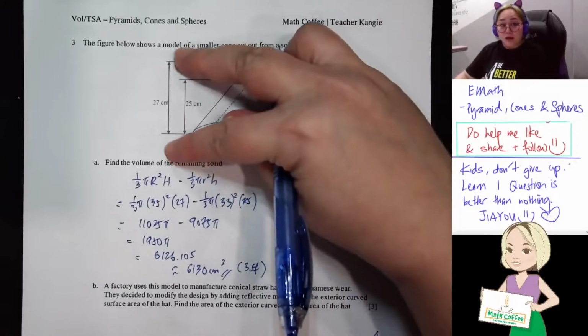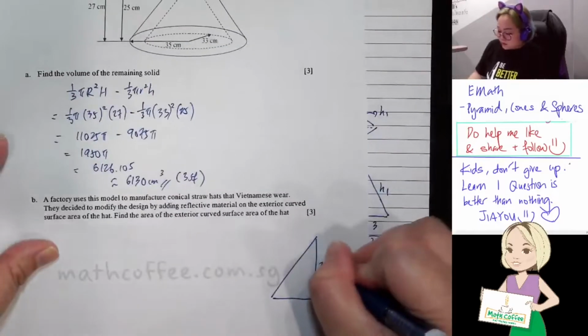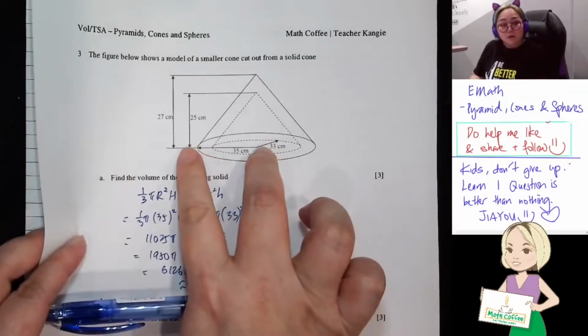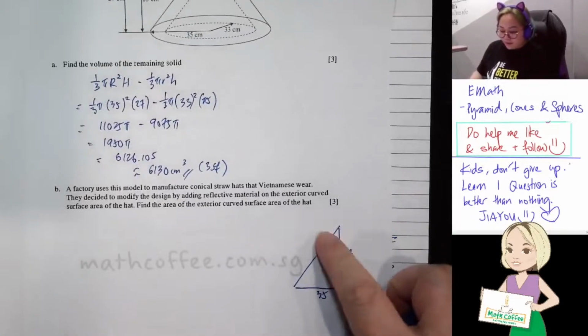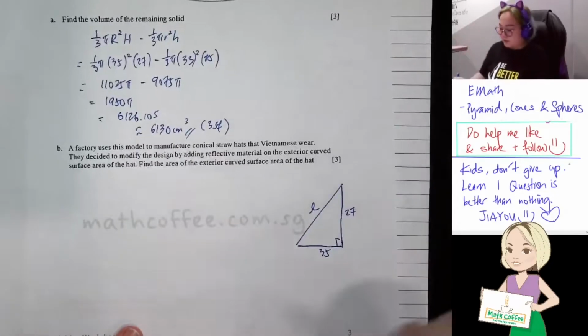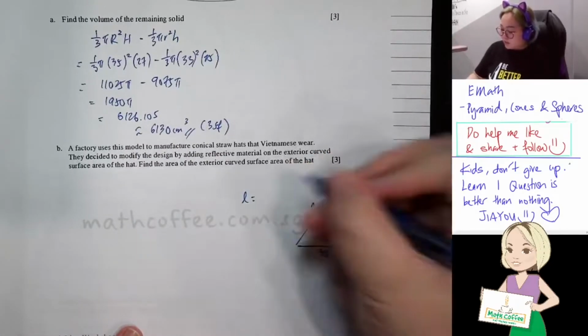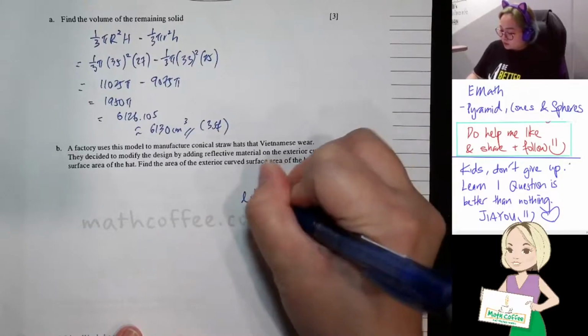So the height is 27. So therefore, here is 27. The big one, radius is 35. So this is 35. So I need to find my L by using Pythagoras theorem. So my L will be 35 square plus 27 square and square root.